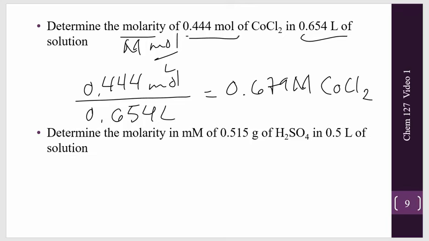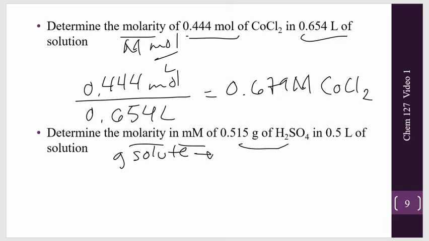The next one is a little more involved. Here we're asking for molarity, but in millimolar instead of just molar, moles per liter. So we're going to need not just moles, but millimoles in the numerator. Instead of moles of a solute, we're given grams of that solute.